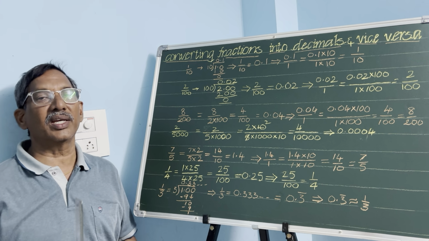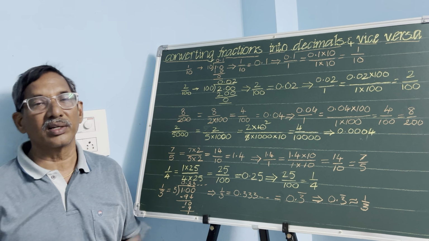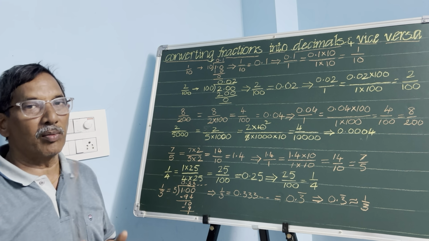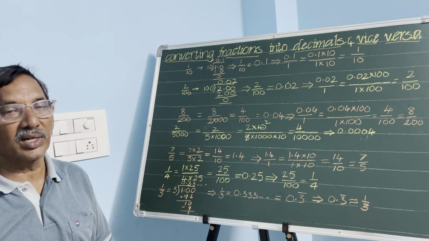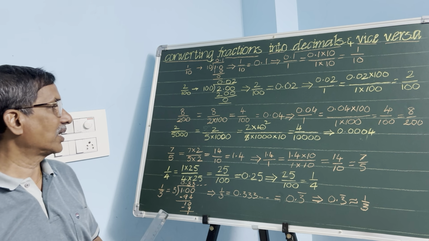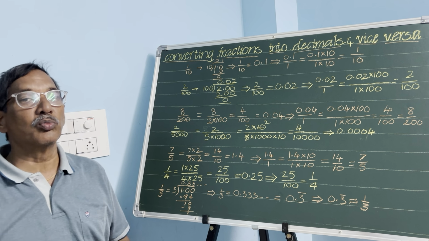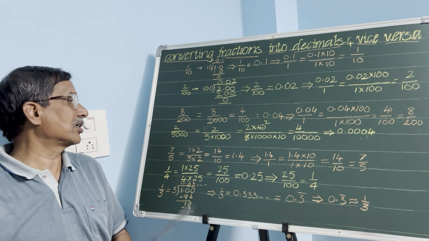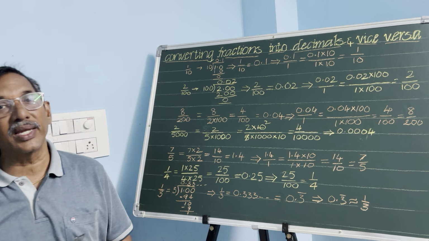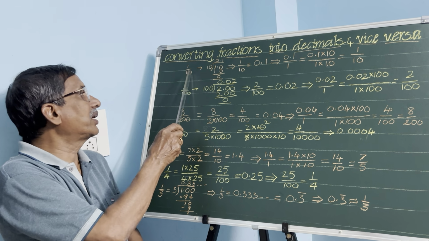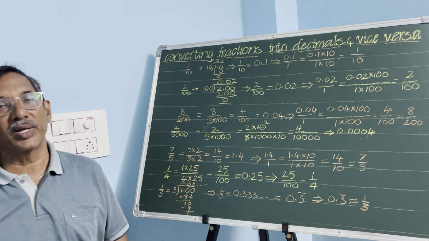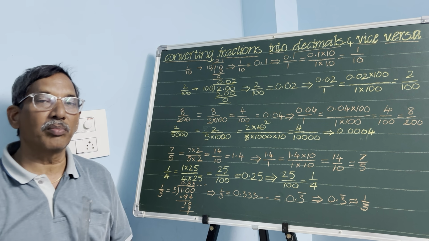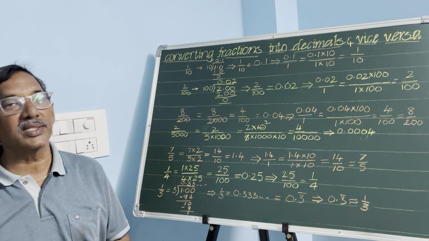So this is the way we can easily convert any normal fraction into a decimal fraction and a decimal fraction into a normal fraction. Let us discuss more with another example. Let us take 8 by 200. In the earlier examples we took 10 and 100 as denominators. Here in the third example, we will take 200 as the denominator.